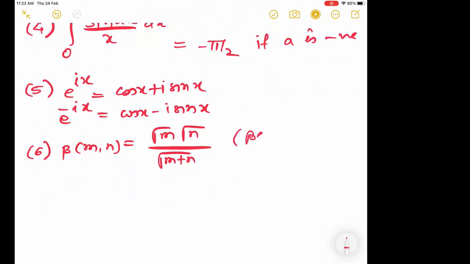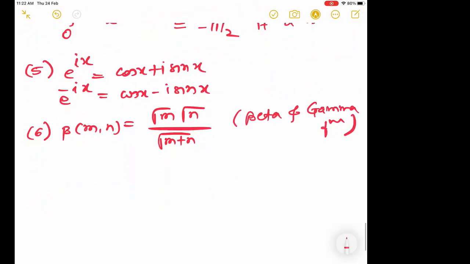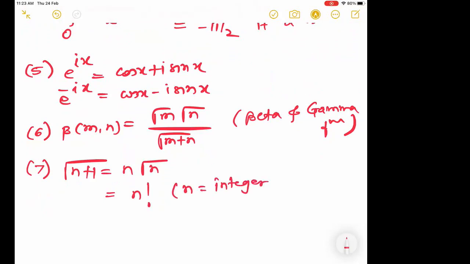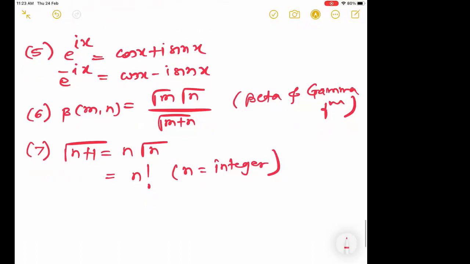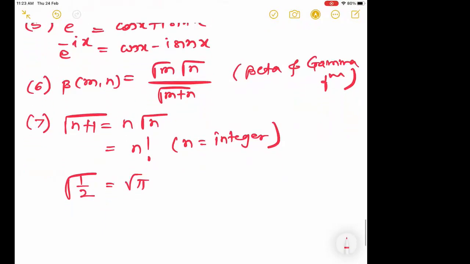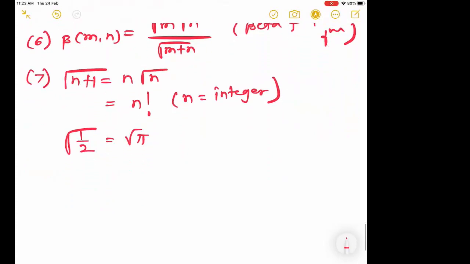The formula for gamma of n plus 1 is n into gamma n, or this is also written as n factorial if n is a positive integer. And gamma half is equal to root pi. That result is also used frequently in differentiation under the integral sign.